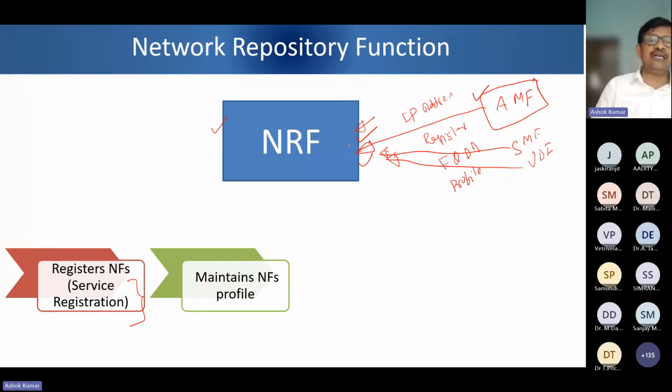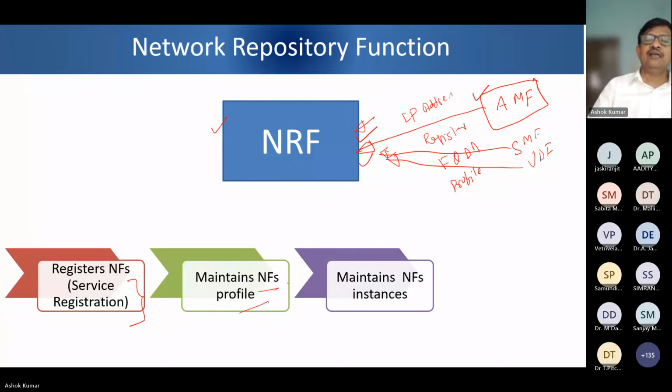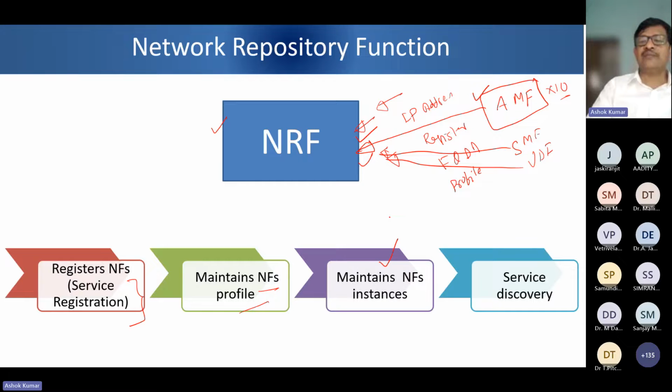So it will always have the NF profiles, all the network function profiles. And then there may be multiple instances of AMF. Suppose there are 10 AMFs. Each instance of AMF has to register. So it maintains NF instances also.